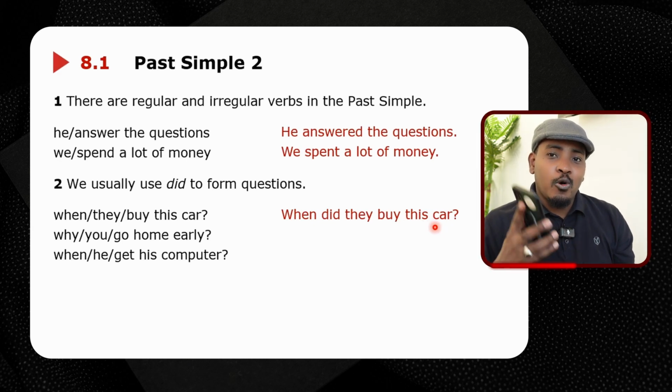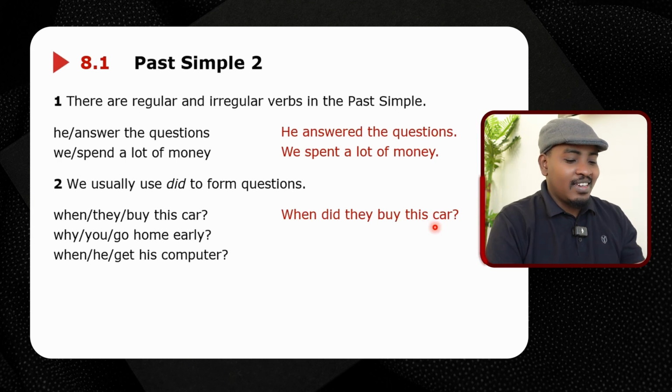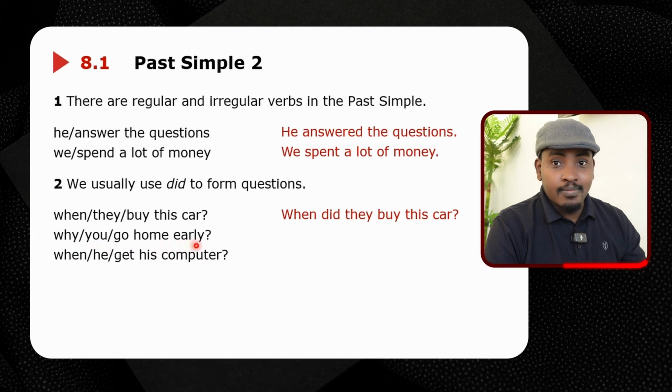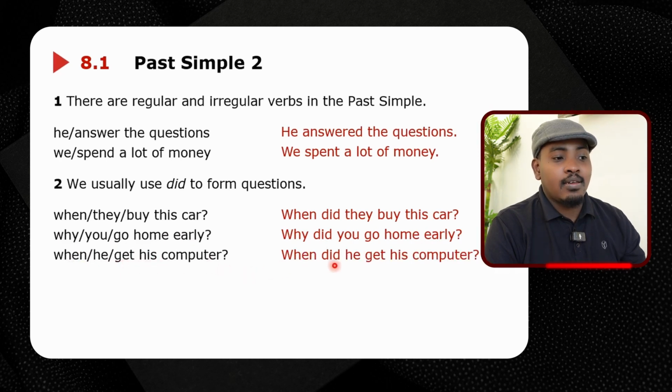I say, I bought this phone 4 years ago. Now, number 2, why you go home early? Question, why did you go home early, right? When he get his computer? When did he get his computer?